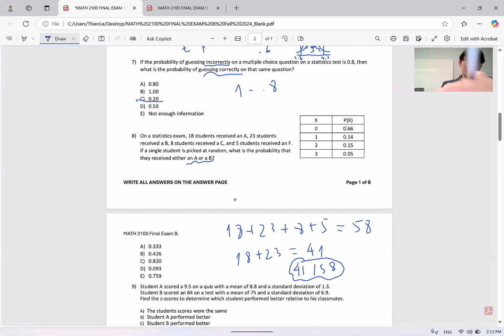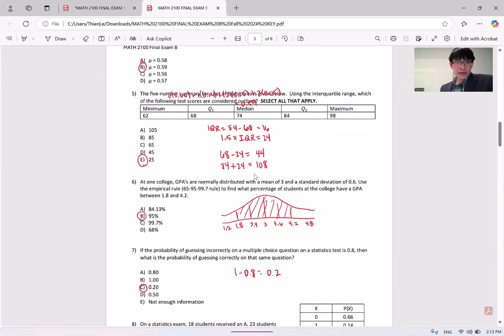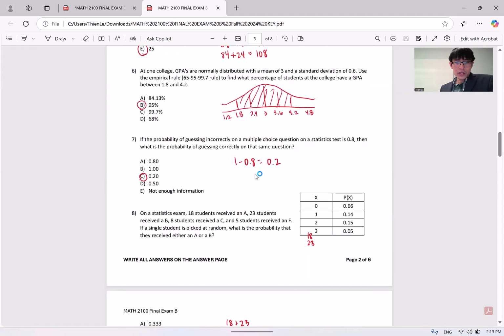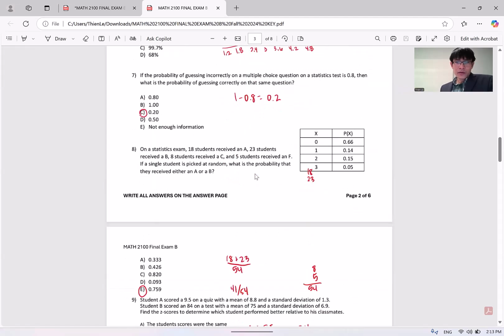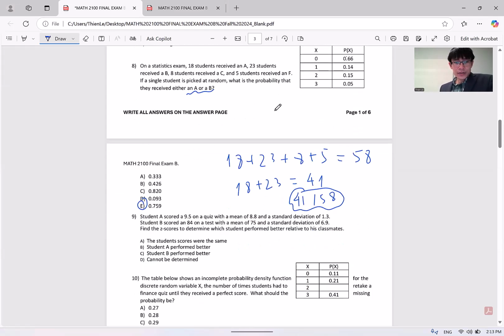So if you do that, let's see the calculation here. Is it 41 by 58? And if you do the calculation, it will be this option E, which is 0.759, okay, 0.759, right? You can check with your TI calculator too, right?